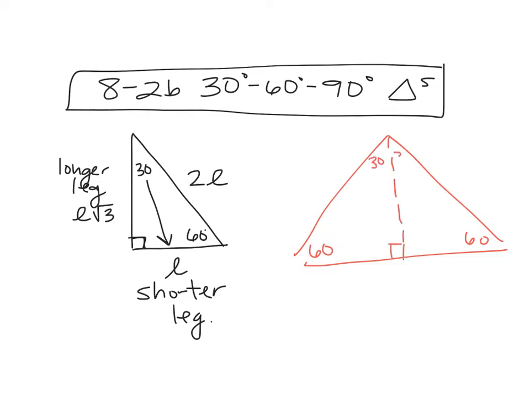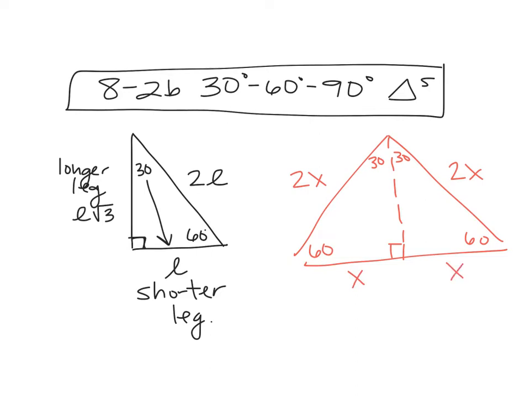So this is 30 and 30 now. That vertical line just cut my bottom into 2 equal parts, right? When it's an equilateral triangle, if the length of each side is 2x, then now this is x and that is x, right?